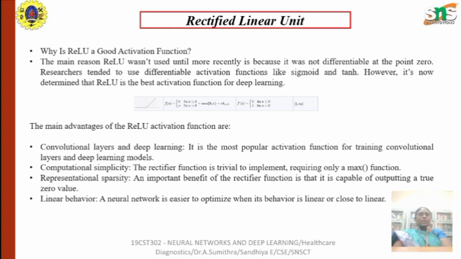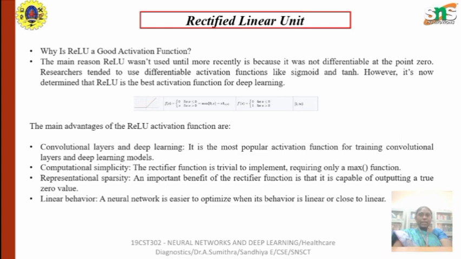The major advantages of this rectified linear unit are simplicity, where it is simple to implement and computationally efficient, making it suitable for training large-scale neural networks; and non-linearity, where it introduces non-linearity to the neural network, enabling it to learn complex patterns and relationships in the data.